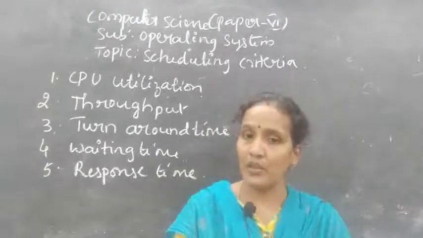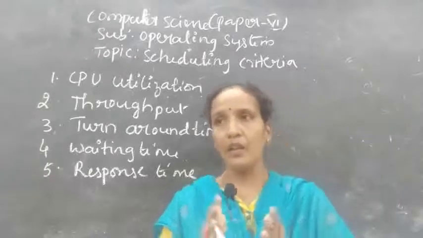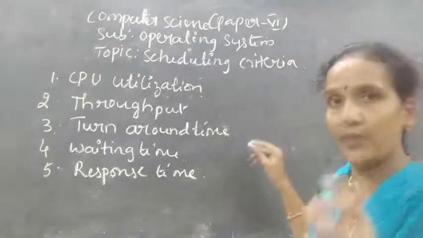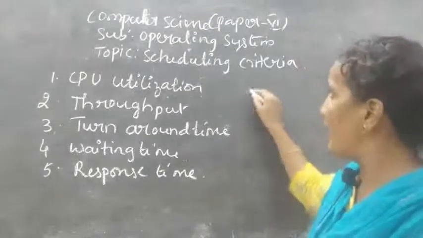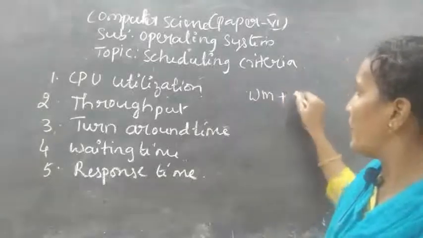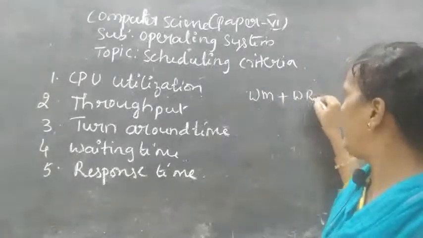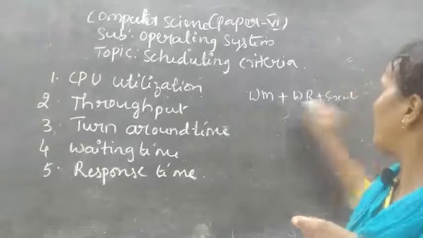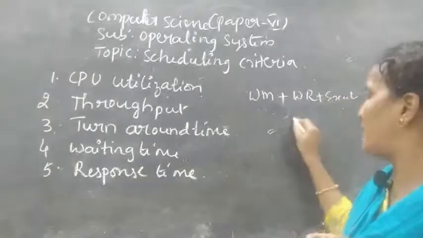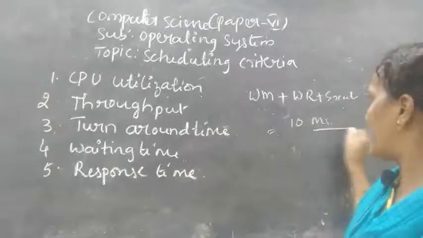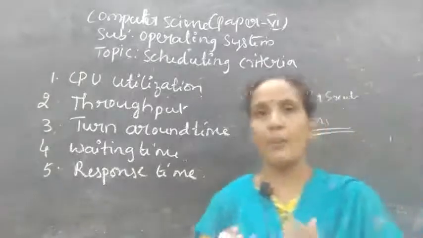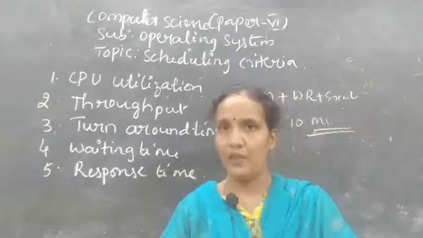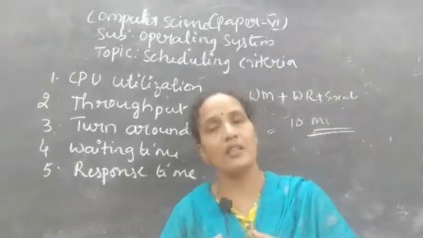When you come to turnaround time, you can calculate different waiting times. First is the time the process waits in memory, next is the waiting time in the ready queue, and then the execution time. When you add these three, for example 10 milliseconds, that is the turnaround time. It is how much time the process waited in the ready queue and in memory, and how much time it executed. The waiting for the processor after entering memory or the ready queue also comes under turnaround time.